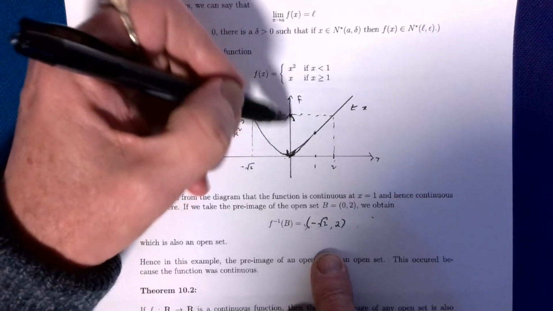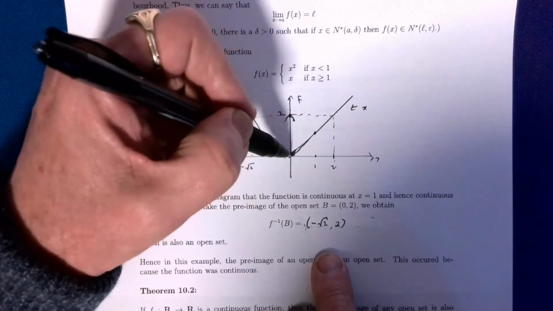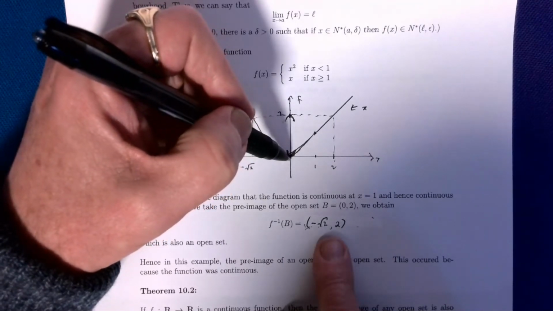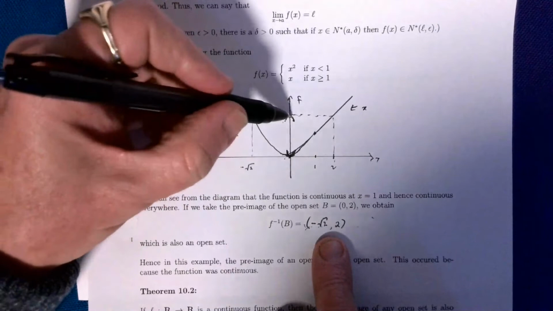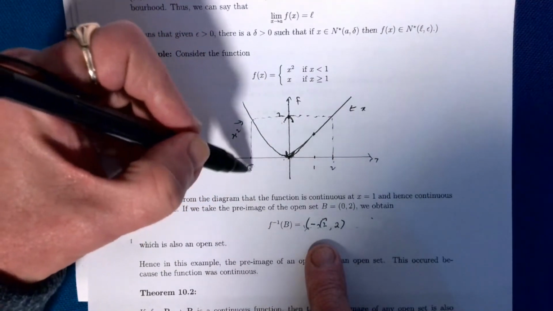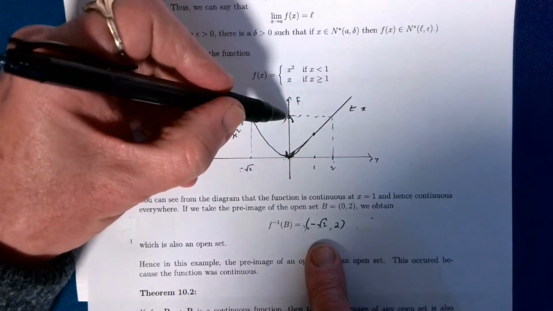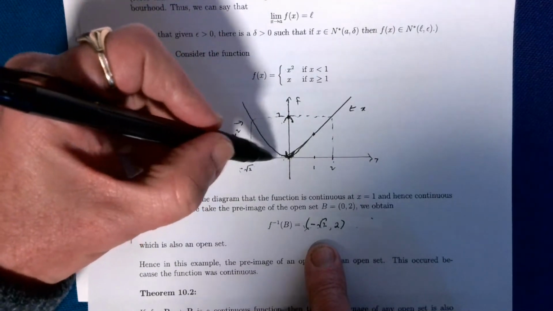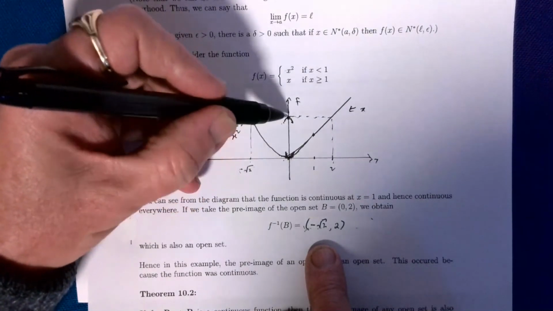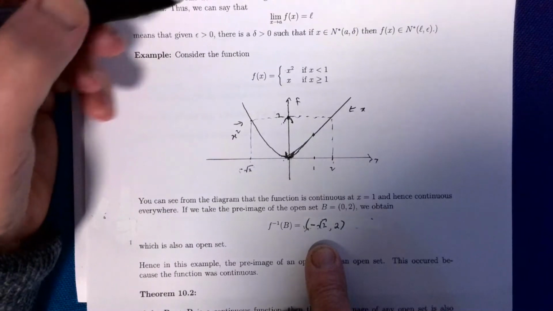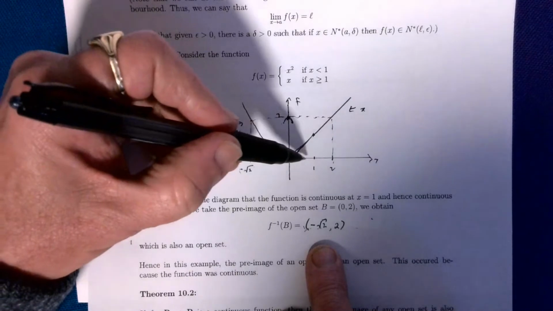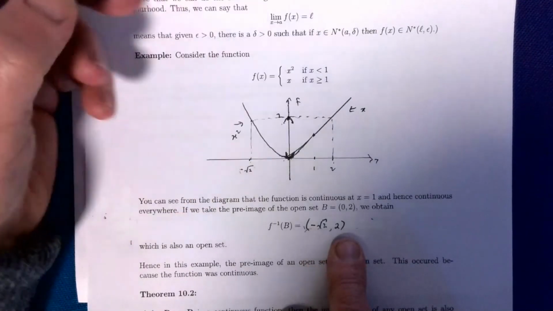So the pre-image of this is going to be this interval between 0 and 2. On the other hand, for any number in here, the number root 2 squares to give you 2. So any number in here, when you take that up onto the function and then push that across to the y-axis, is going to be in this interval.